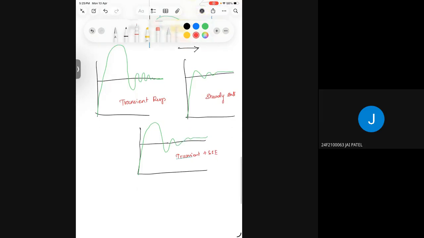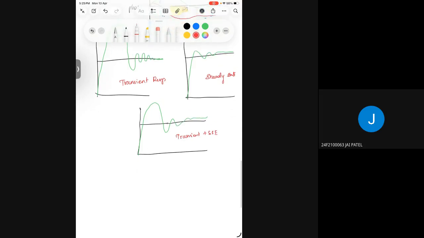Now, as I said, there are lead, lag, and lead-lag or lag-lead configurations. I will use any one of these. In general, a lead compensator essentially yields an appreciable improvement in transient response and a small change in steady state accuracy.